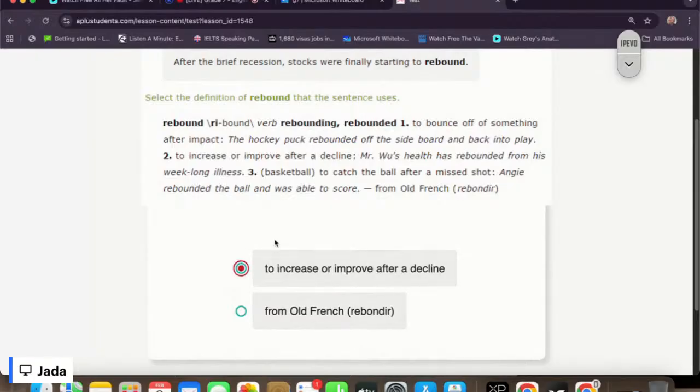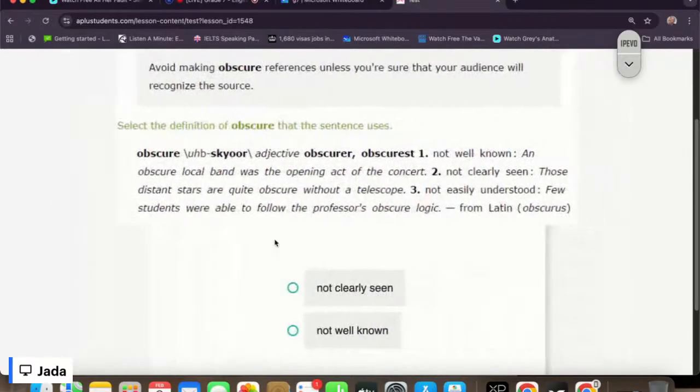So we have what? The first one. So: avoid making obscure references unless you're sure that your audience will recognize the source.